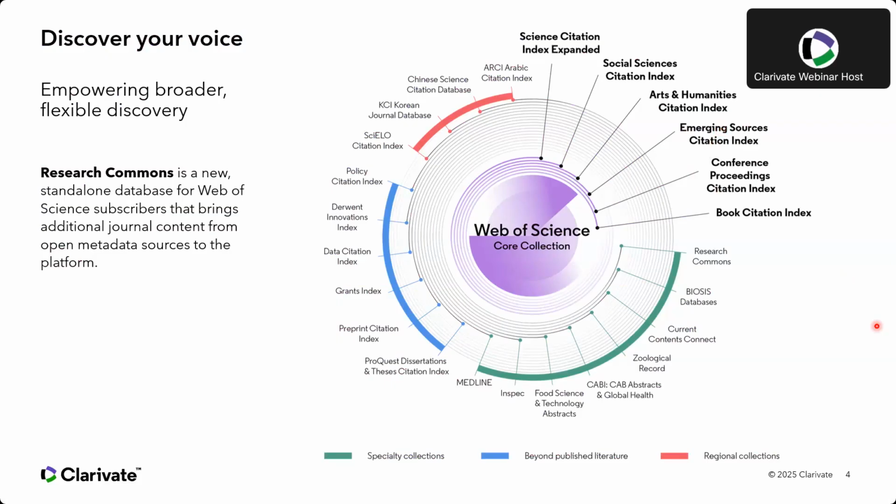That brings extra content, new content from open metadata sources, and that sits alongside the Web of Science core collection. So Web of Science core collection is composed of these indices, right? But now we have, on top of the other satellite databases, also the Research Commons.